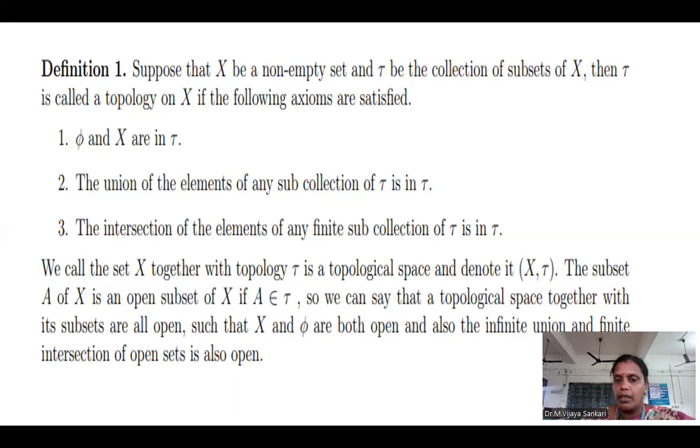So we can say that in a topological space, X and the empty set are both open and closed, and also infinite union and finite intersection of open sets is also open.